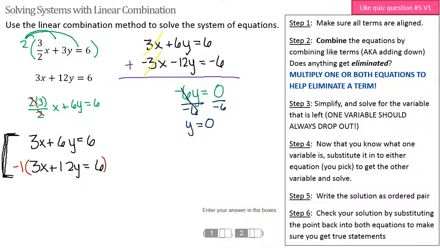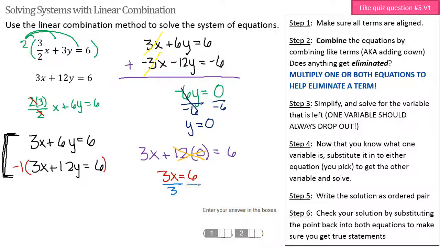Now we need to take our y value and substitute it into any one of the original equations. I'm going to do that bottom equation since it didn't have a fraction. So we have 3x plus 12 times 0 is equal to 6. 12 times 0 is 0, so that leaves us with 3x is equal to 6.